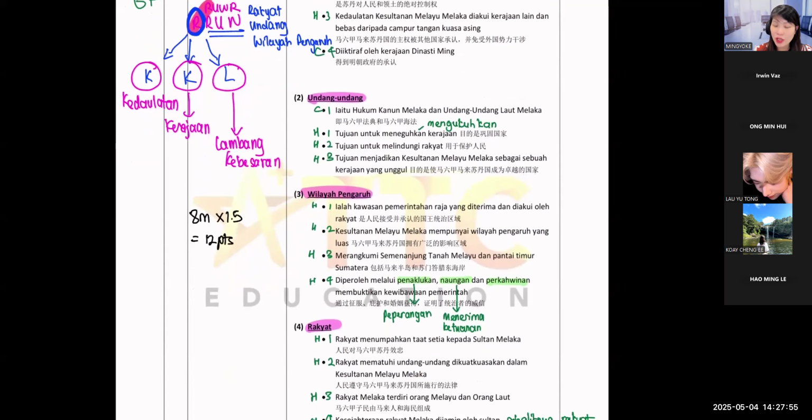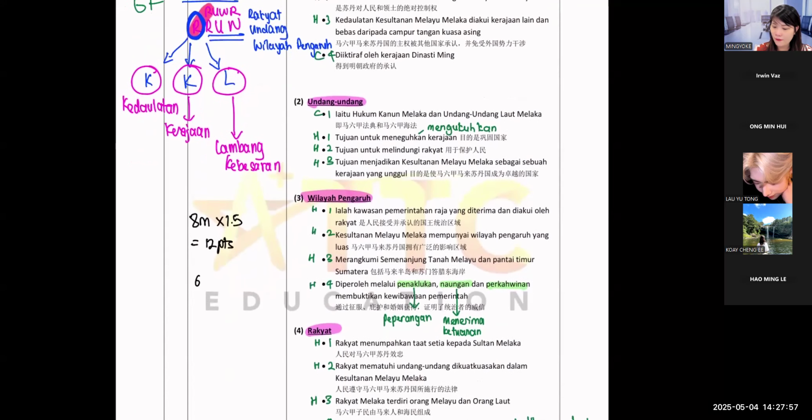So if you have 12 points, you can give 6 fakta, 6 huraian, each of it 1. Or you can give 4 fakta, 8 huraian. You do not need to balance one. Boleh punya.